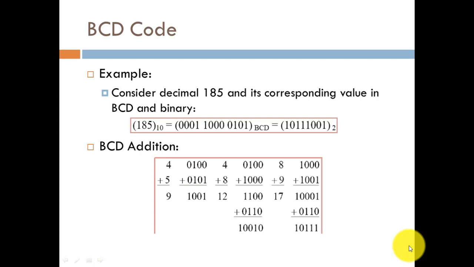So what we are going to do is, whenever the individual digit's outcome is greater than 9, we have to simply add 0110, or you could say we have to add 6. What we are left with: 0 plus 0 is 0, 1 plus 0 is 1, 1 plus 1 is 0 carry 1, then 1 plus 1 again 0, again carry 1, and we are left with 1010.